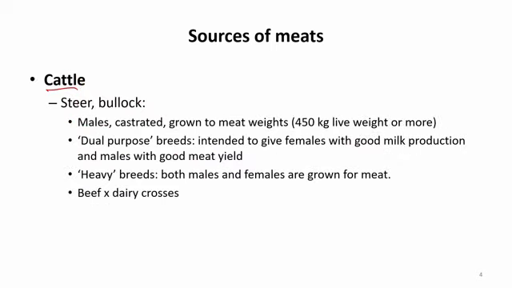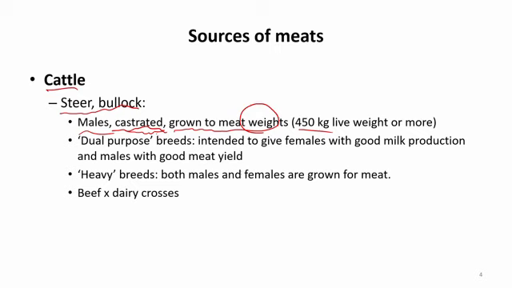And now in this source, we also have steer, bullock. Steer bullocks are the males castrated, grown to meat weight of about 40 kilograms, something like that. These are actually male steer bullocks, là con bò đực đó. The males, but they have been castrated when they are still young.